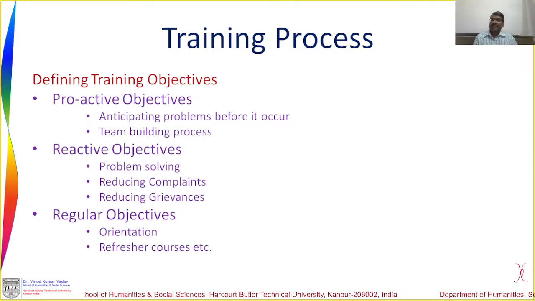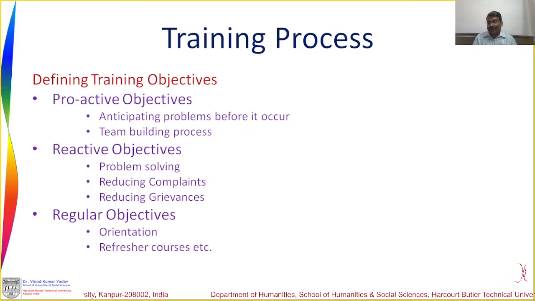Reactive objective means, if something happened, the productivity is going down, or the complaints are increasing, or the employee grievances are increasing, you need to understand that somewhere something is wrong.